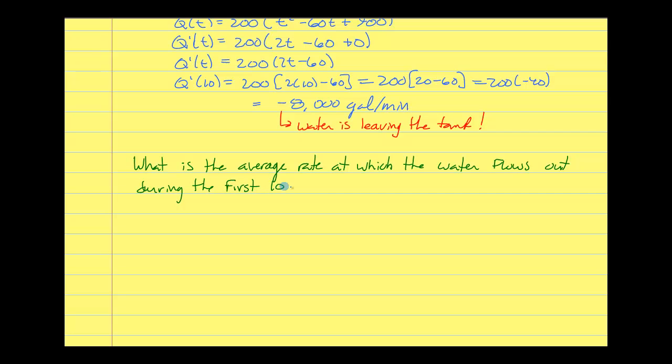So what we're looking at here is a question similar to if you were driving your car, let's say between here and Wall, and let's say it takes you 60 minutes. If we're traveling, we'd want to know about an average rate. So we'll say it's 60 minutes and it's about 60 miles.